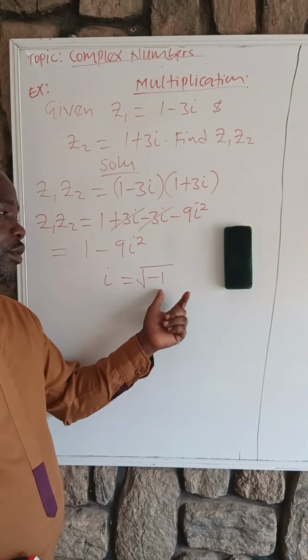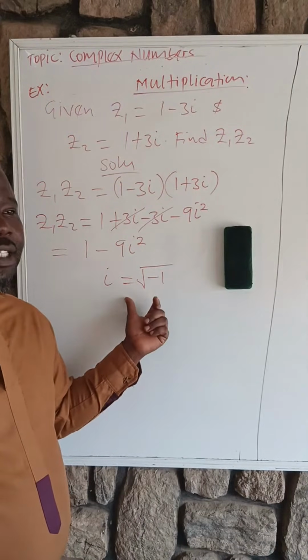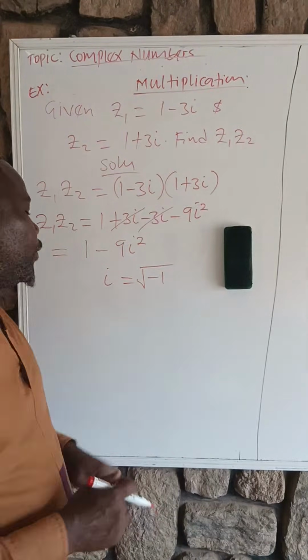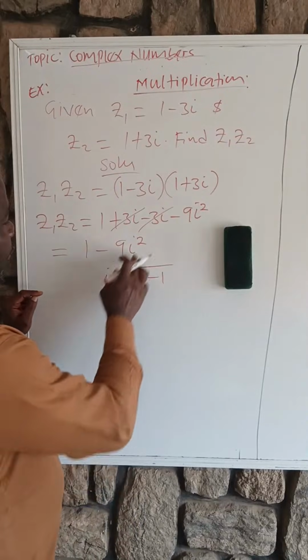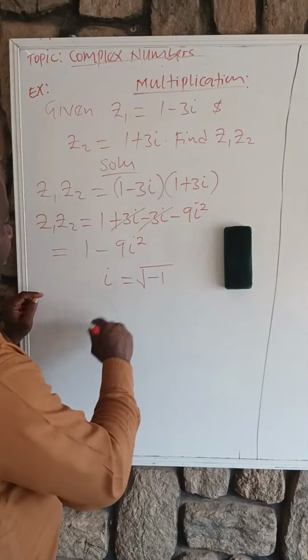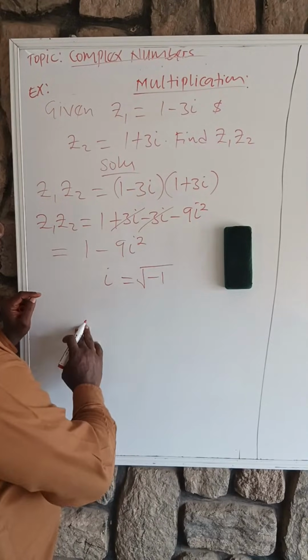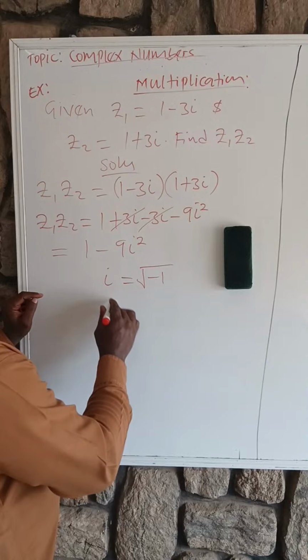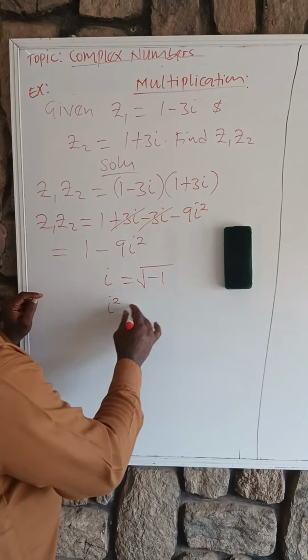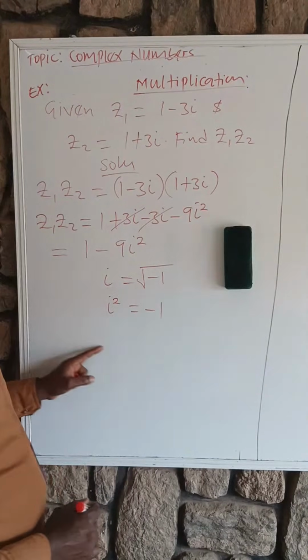This is how to find the square root of minus 1 in the complex plane. Now, since we have i squared, if i is equal to the square root of minus 1, what should i squared be? I squared equals minus 1, true or false?